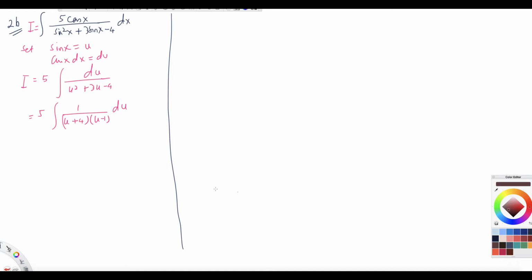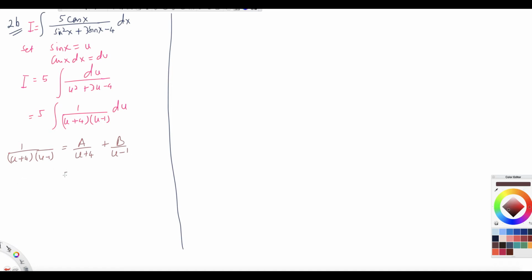So for the partial fraction, what I want to do is 1 over u plus 4 and then times u minus 1 equals a over u plus 4 plus b over u minus 1, right? So if you simplify the left side and right side, what do you get?